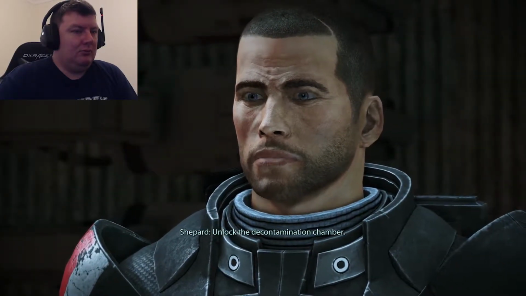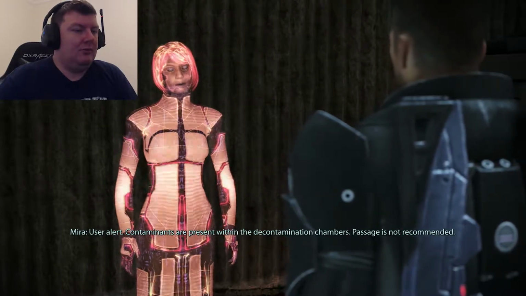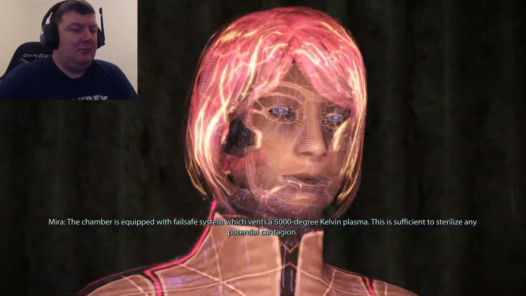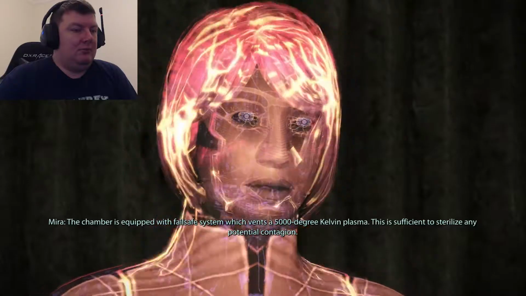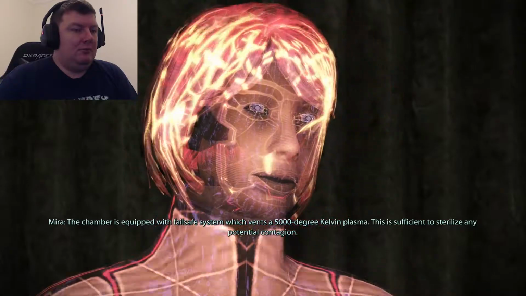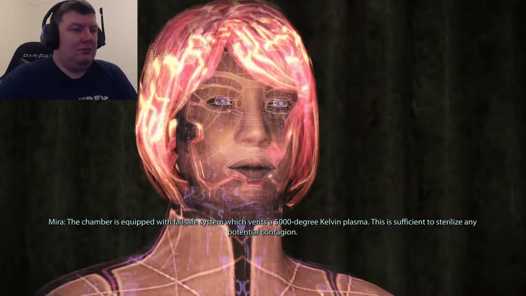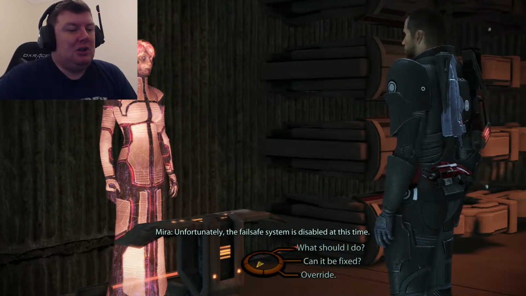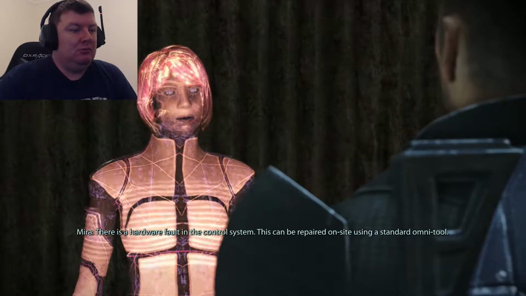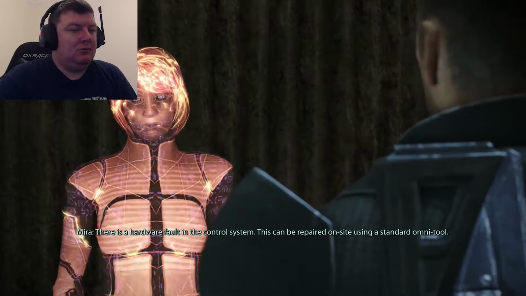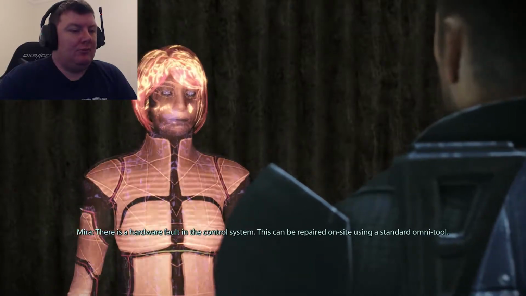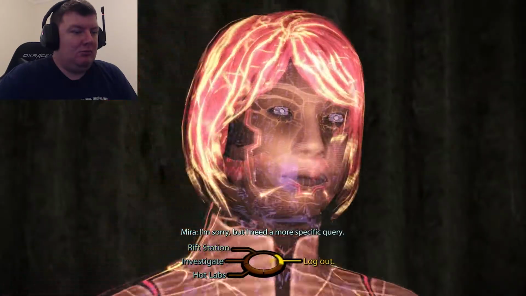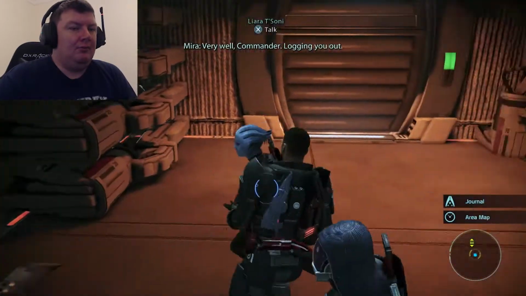Unlock the decontamination chamber. User alert. Contaminants are present within the decontamination chambers. Passage is not recommended. How do I get rid of the contaminants? The chamber is equipped with a fail-safe system which vents a 5,000-degree Kelvin plasma. This is sufficient to sterilize any potential contagion. Unfortunately, the fail-safe system is disabled at this time. Alrighty. What's the problem? There is a hardware fault in the control system. This can be repaired on-site using a standard Omni tool. Tell me what happened here. I'm sorry, but I need a more specific query. That's all I need right now. Very well, Commander. Logging you out.